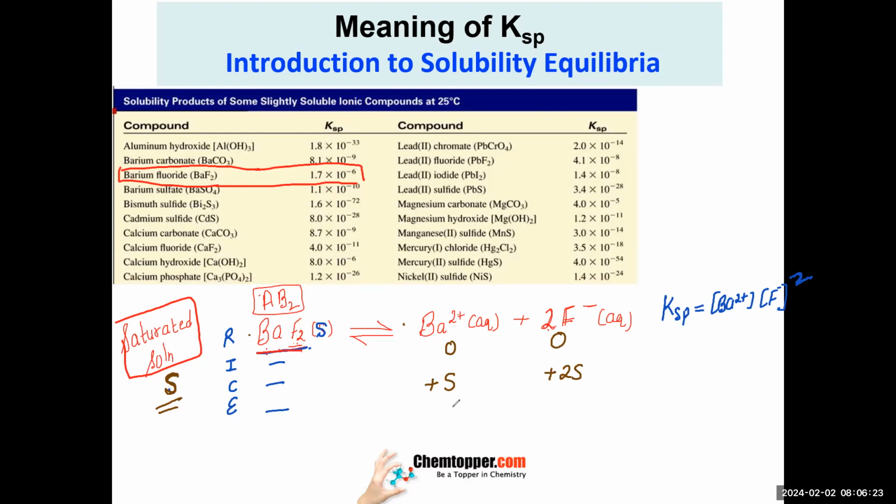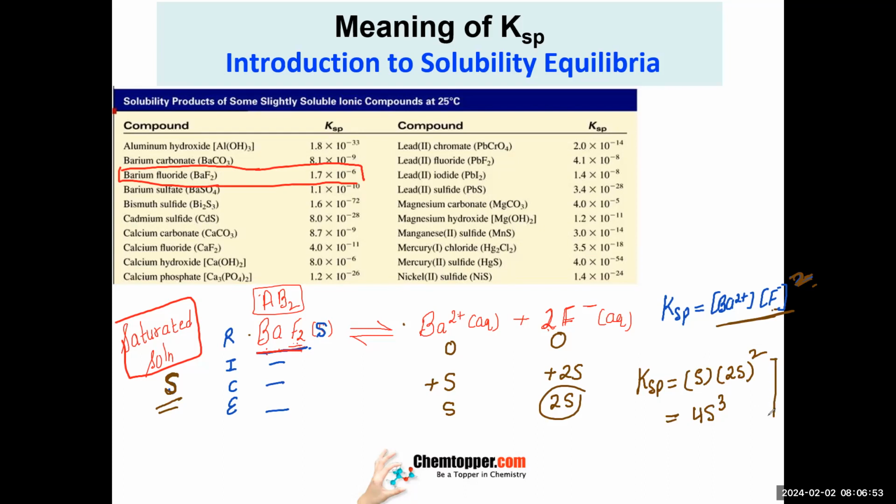At equilibrium, S and 2S. Ksp in terms of molar solubility: Ba2+ is S, F- is 2S squared. Plug in this 2S here and then take the square. Ksp expression is 4S cubed.